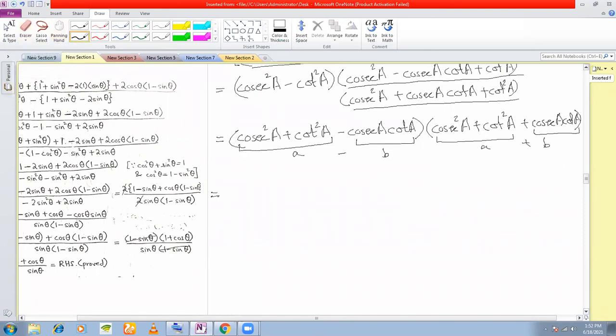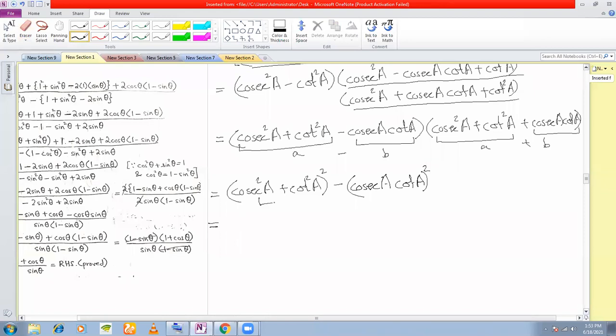So we write this as cosec square A plus cot square A whole square minus cosec A cot A whole square. So this is A square minus B square.